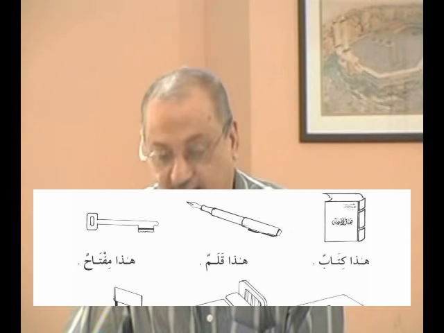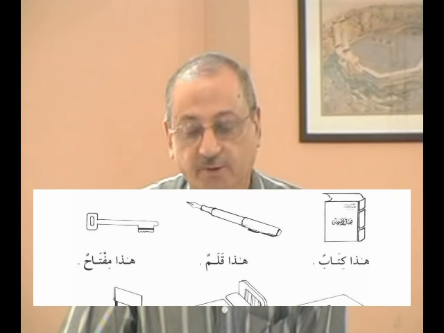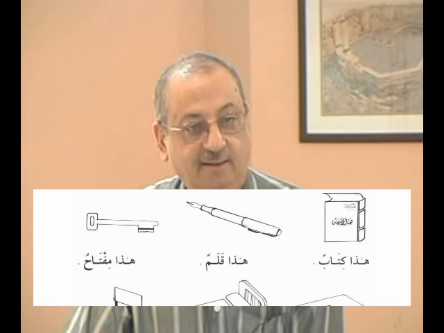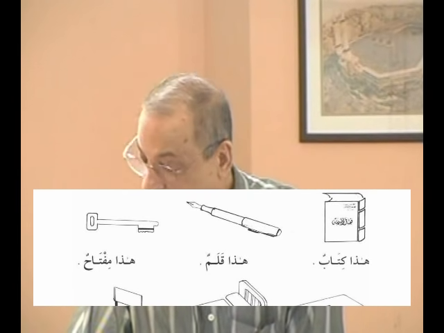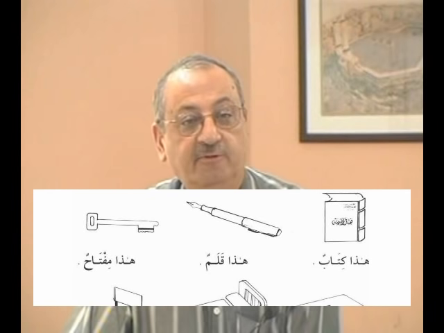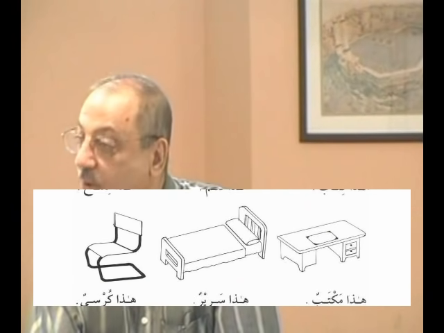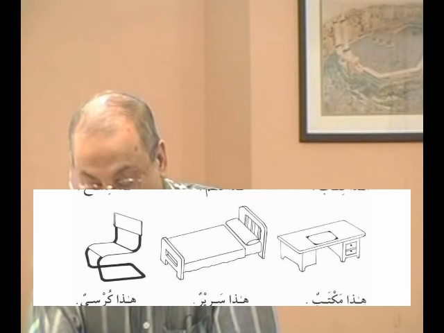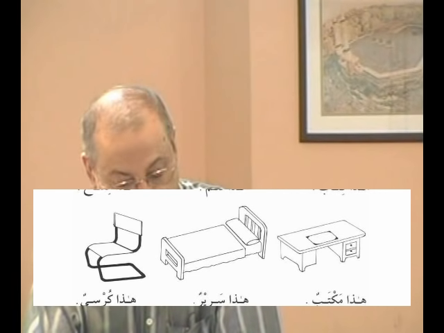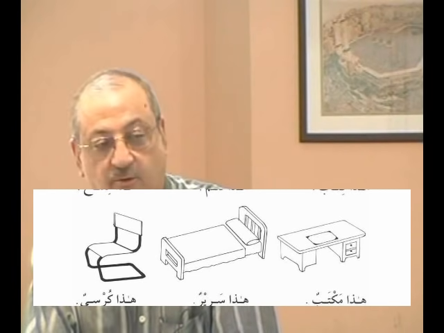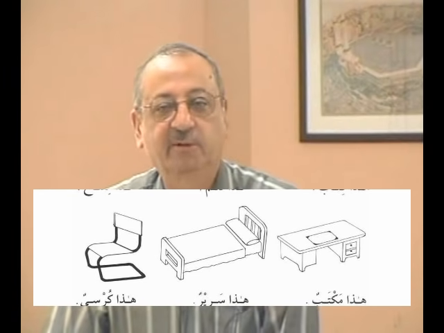Haza Qalamun. Haza Miftahun. Haza Maktabun. Haza Sarirun. Haza Kursiyun. Are you with me, brothers and sisters? Correct? Easy? This is easy, you know it. But now you got to memorize the vocabs and practice at home. Okay, Insha'Allah.